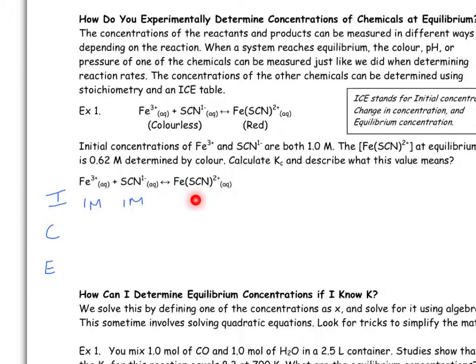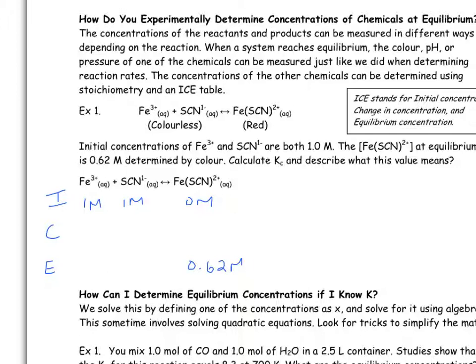We then assume that none of this was mixed into the system, so it will have a concentration of 0 moles per liter. We're also told that at equilibrium, the iron thiocyanate ion has a concentration of 0.62 moles per liter. All we need now is to complete the ICE table using stoichiometry.